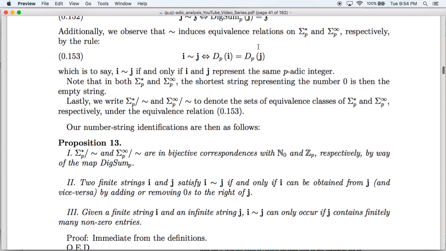And then we get the following equivalences. The set of equivalence classes of the finite strings and infinite strings under this relation are in bijective correspondence with N0 and Z_p.